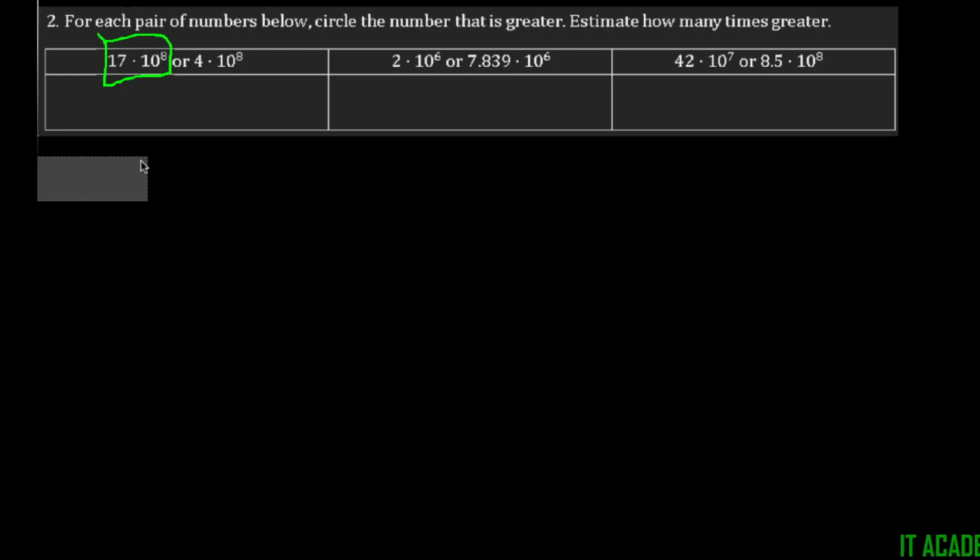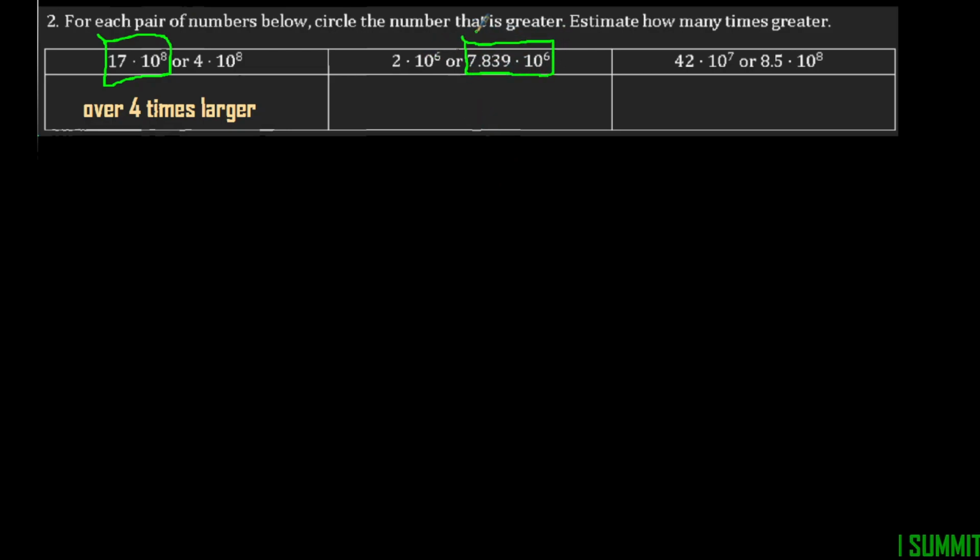And it's going to be over 4 times as large as the 4 times 10 to the 8th power. Then for the next one, same thing. It has the same exponent, so this is the one that we want to choose. And that's going to be almost 4 times larger.